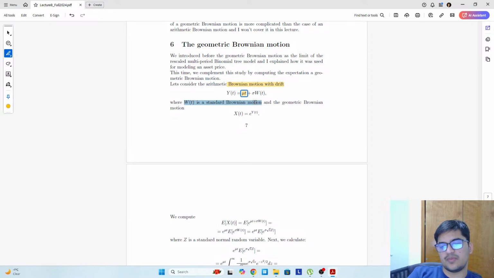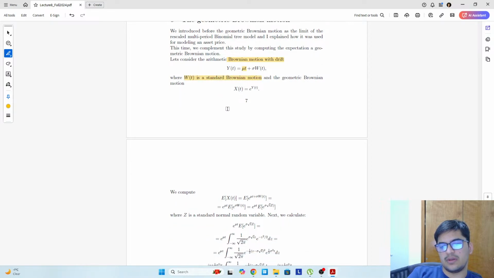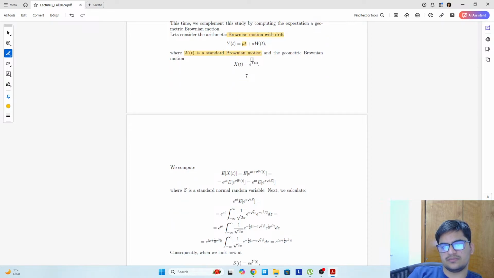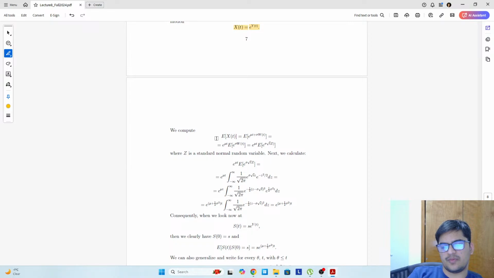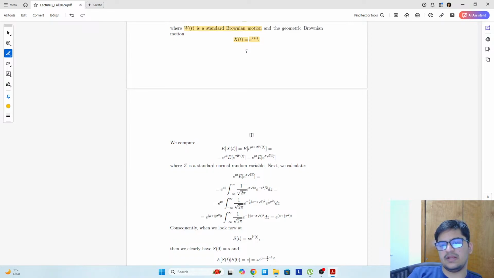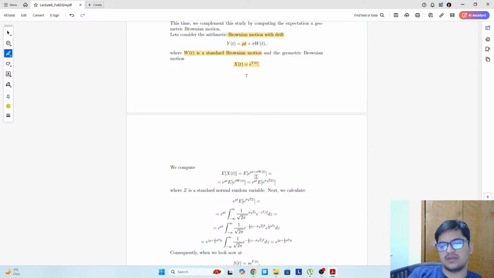W_t is the standard Brownian motion, and the geometric Brownian motion X_t is equal to e to the Y_t. We compute X_t equals e to the Y_t as this.